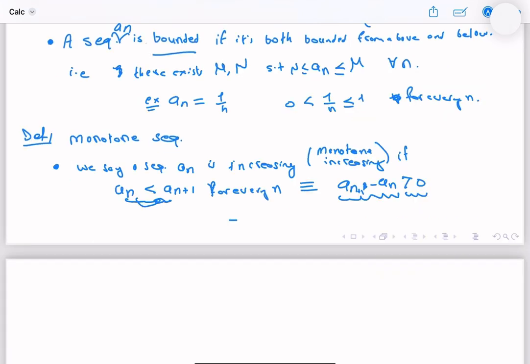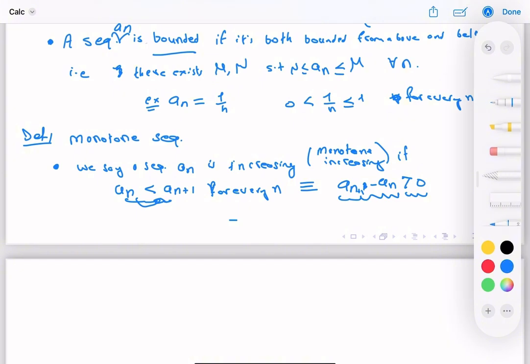Right, so similarly, we have the notion of decreasing sequences, but before that, let me just state that there's a similar definition to this, which is that you say a sequence is non-decreasing. So you have the notion of increasing and you have the notion of non-decreasing.